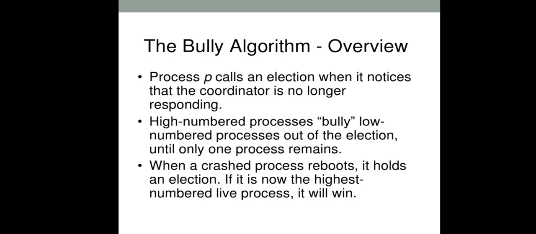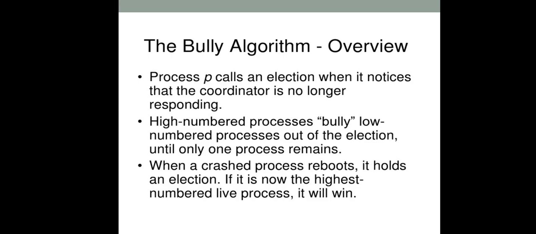Active means functioning properly and inactive means it is not working, some failure has occurred. In the Bully algorithm, it is not necessary that every process knows whether other processes are functioning or not, but the requirement is that every process should know the range of IDs, that is, how many processes are there in the distributed system and their IDs.